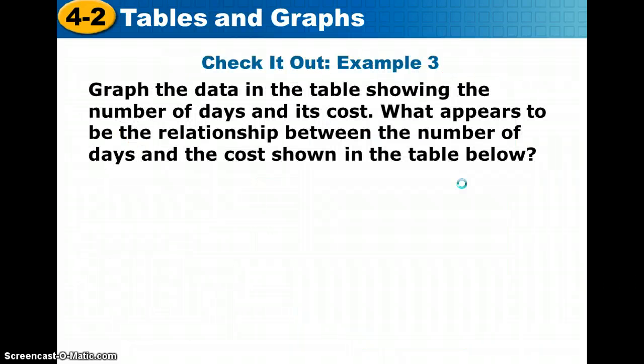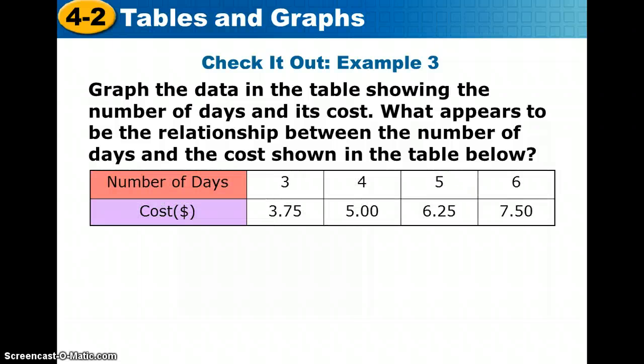We're going to graph the data in the table showing the number of days and its cost. What appears to be the relationship between the number of days and the cost shown in the table below? So let's see. We're starting with 3 this time. Again, this whole row is our x-axis, and this whole row is our y.